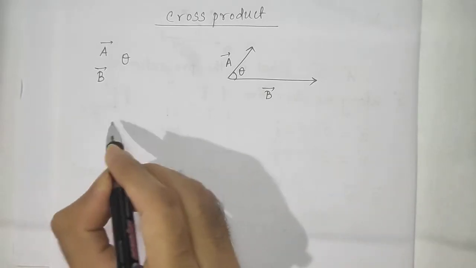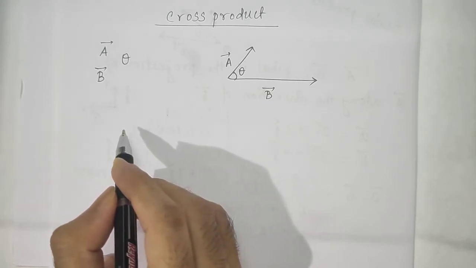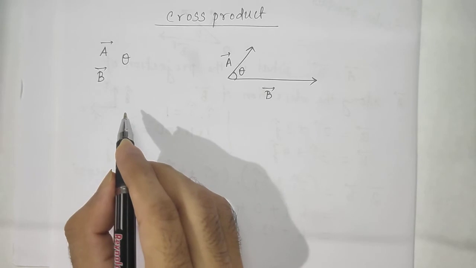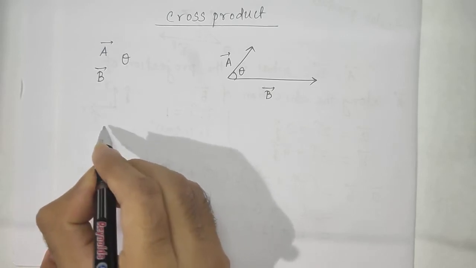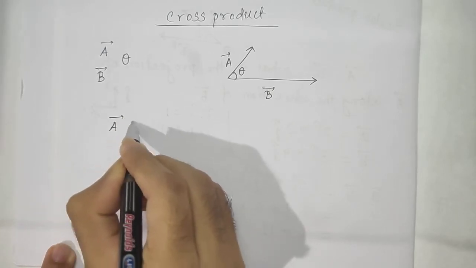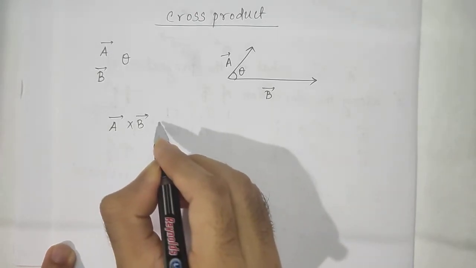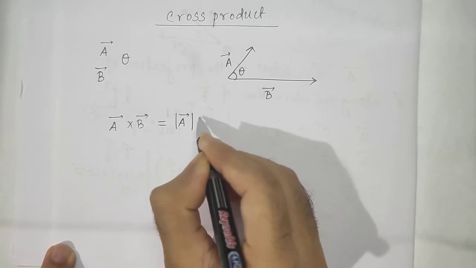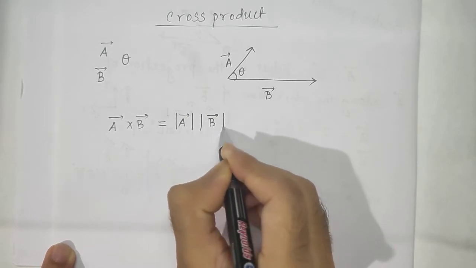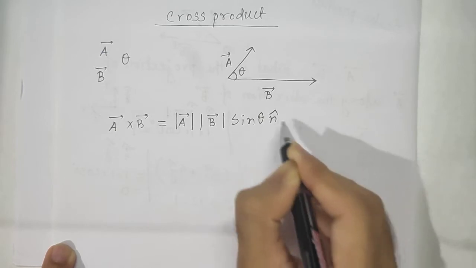Okay, now, so what is the definition of the cross product? At first we know that, then we will continue with the physical significance. What does this mean basically? So A cross B, that is the cross product between the two vectors A and B, equals vector A mod into vector B mod, then sine theta n cap.